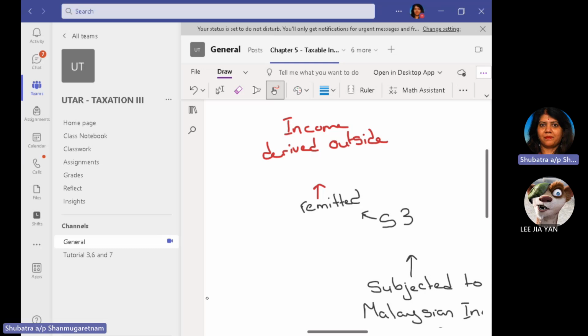Income derived outside Malaysia. That means the source is outside Malaysia. Example, rental. Your property is outside Malaysia. You're renting it out, you're getting rental income. Now, this rental income, you remit it back.